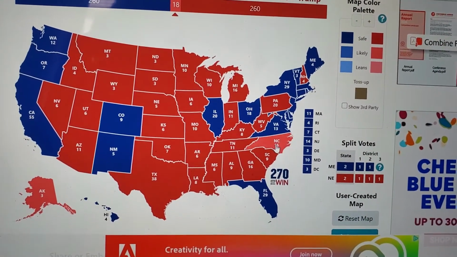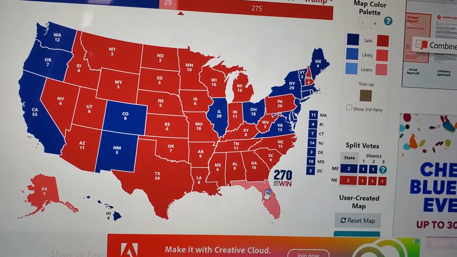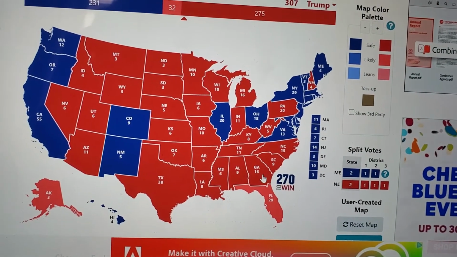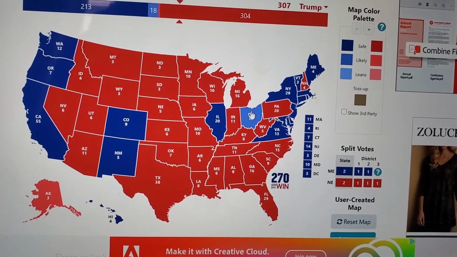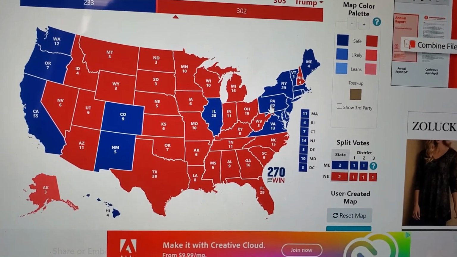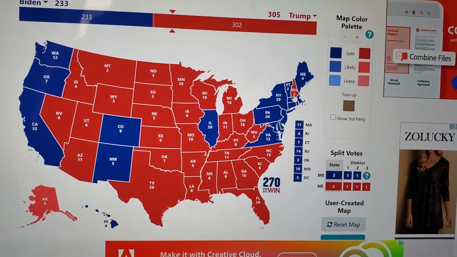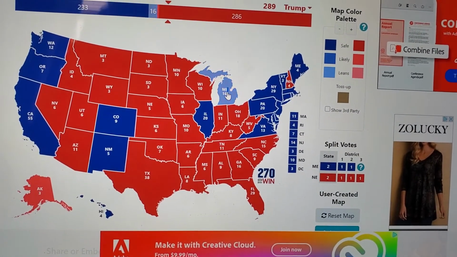Trump really does, in my opinion, have to carry North Carolina. He has to carry Florida. He has to carry Ohio. He does not have to carry Pennsylvania. He does have to carry New Hampshire. He does not have to carry Michigan.